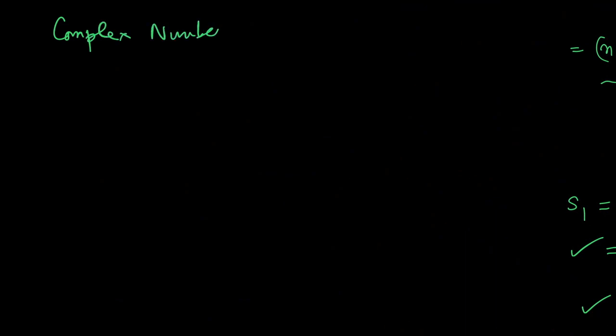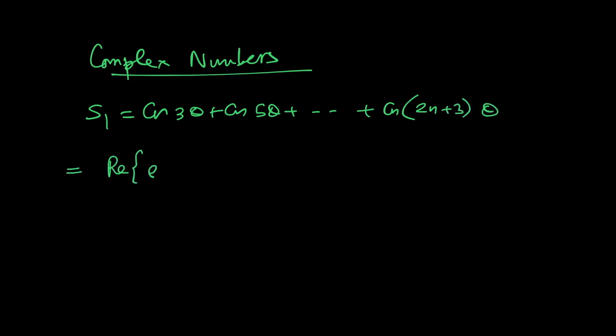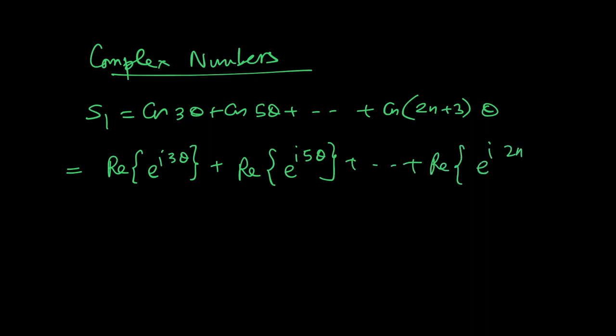Using complex numbers, our S1 is cos 3 theta plus cos 5 theta up to cos of 2n plus 3 theta. So this is nothing but real part of e raised to i 3 theta plus real part of e raised to i 5 theta and so on, real part of e raised to i 2n plus 3 theta.